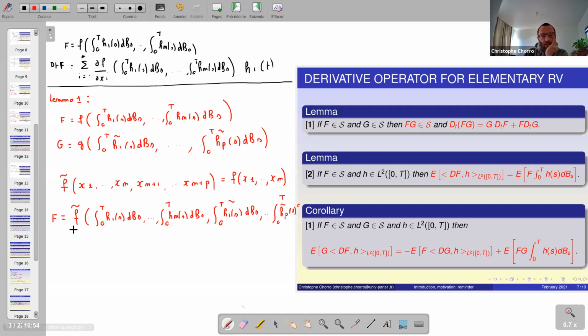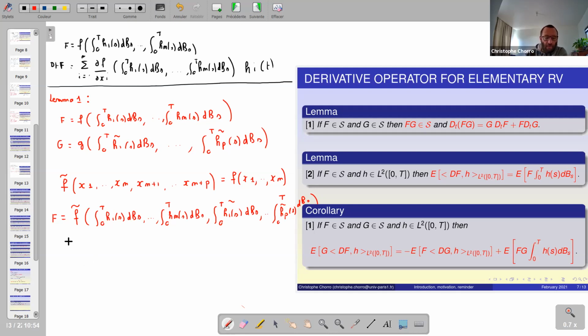So I can express capital F this way, where F tilde depends on all the Wiener integrals that are involved in these two decompositions.